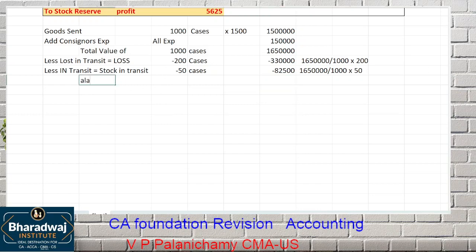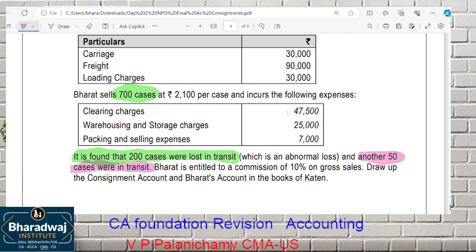So balance delivered. What is the balance delivered? 750 cases are delivered. What is its value? Of this, how much is sold out? For closing stock, you have to add consignee's non-selling expenses. In this question, what is the non-selling expense of the consignee? Clearing charges only. What about warehousing and storage charges, packing charges?